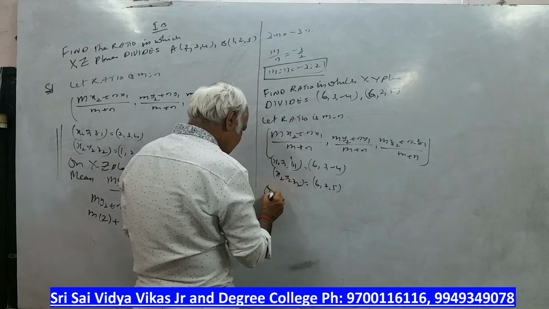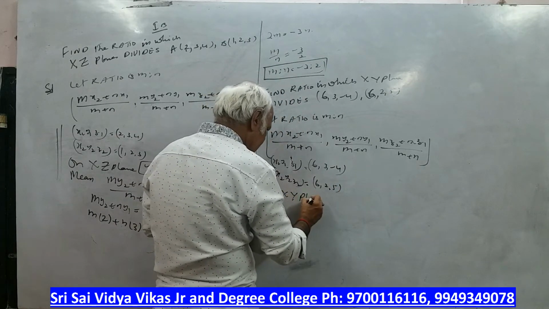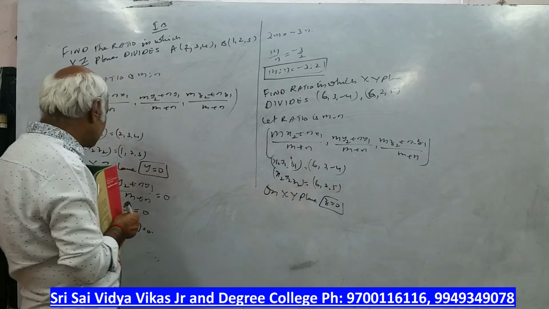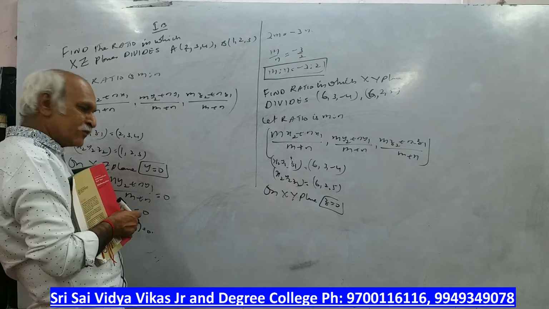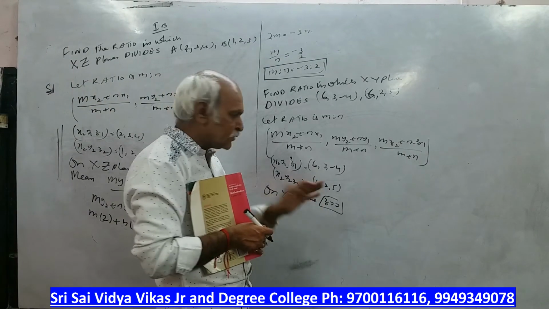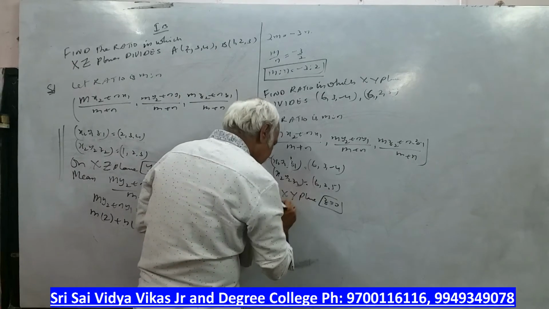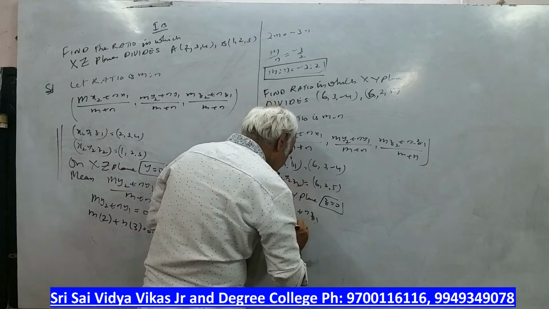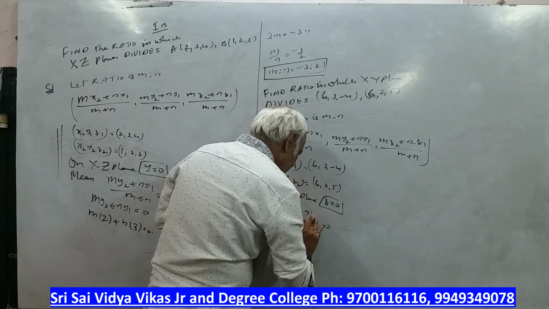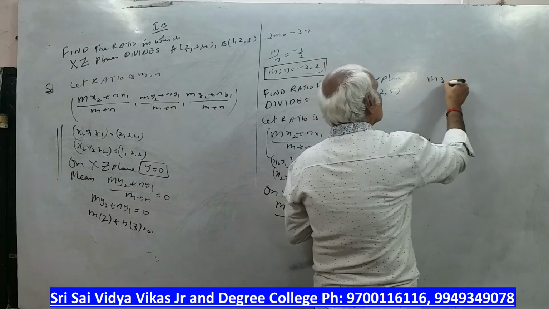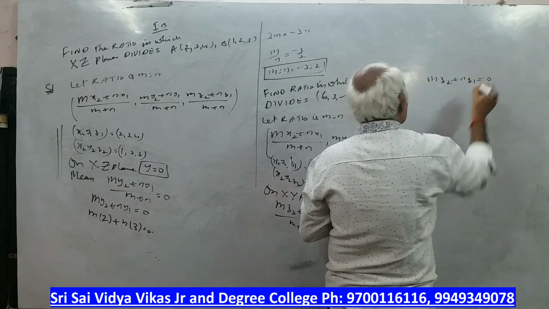Now, again, on the xy plane, which one is 0? Z is equal to 0. In xyz, on xz plane y was missing, that's why we wrote y there. On xy, which letter is not there? Z. So z is equal to 0. Therefore, mz2 plus nz1 is equal to 0.